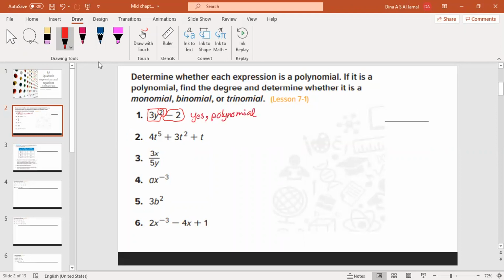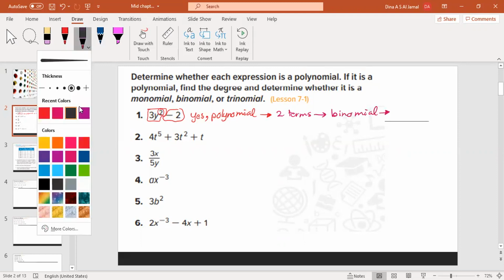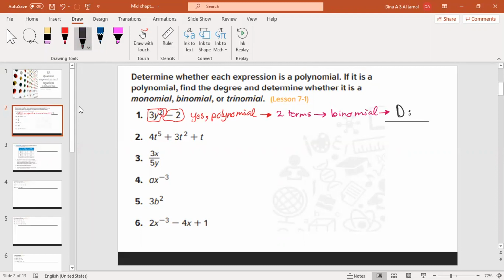And now we should count how many terms we are having. So this is one term, two terms, so we are having two terms. That means we are having binomial, and its degree will be the highest degree of the variable itself, which is degree of 2.